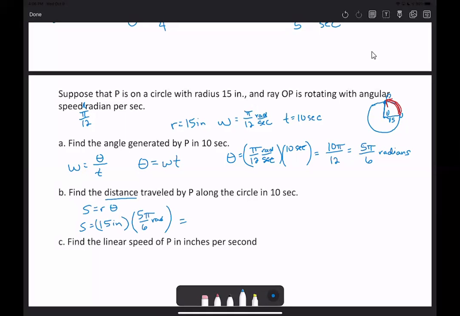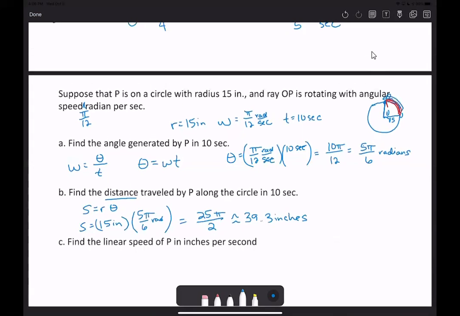When we reduce it, that gives us 25 pi over 2, which in decimal form is approximately 39.3 inches, which is how far it's gone around the circle.